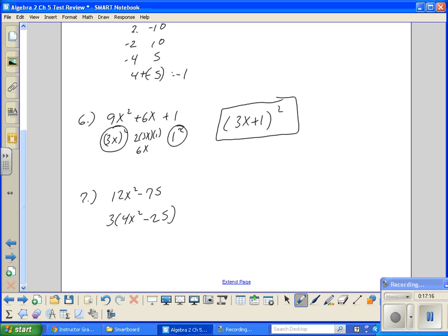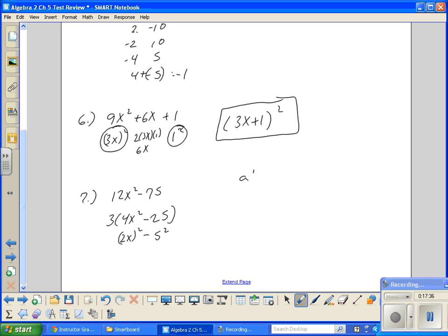Once I do that, now I look at those two terms that are separated by a subtraction, and they're both perfect squares. 4x squared and 25. So 4x squared is the same thing as the term 2x being squared, and 25 is the same thing as 5 squared.